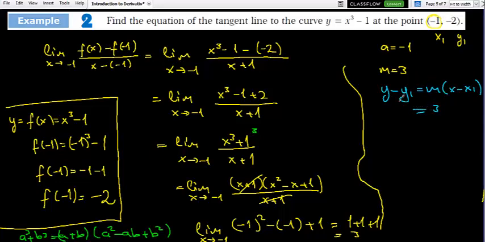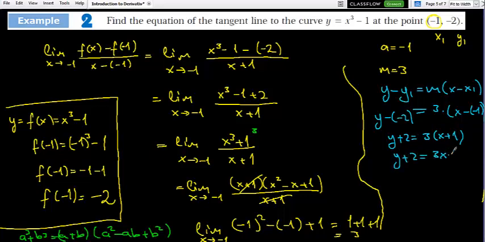And y minus y1, I said here, y minus (minus 2) is equal to 3 times x minus (minus 1). That's y plus 2 is equal to 3 times x plus 1. y plus 2 is equal to 3x plus 3, and y minus 3x plus 2 minus 3 is equal to 0.